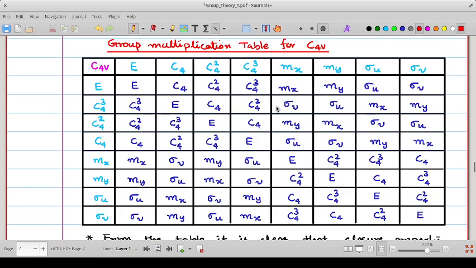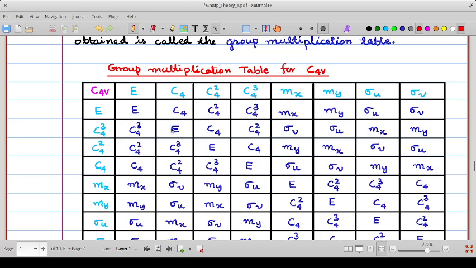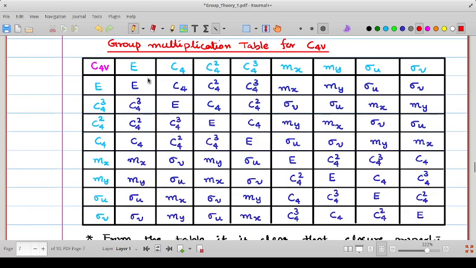So the closure property is satisfied. Then associativity is already satisfied because of the way in which we compose the symmetry transformations. The existence of the identity is also established.